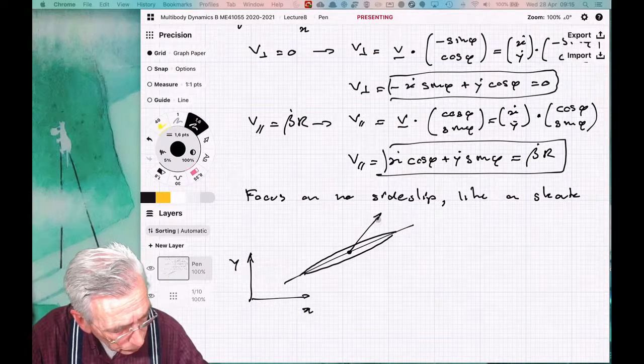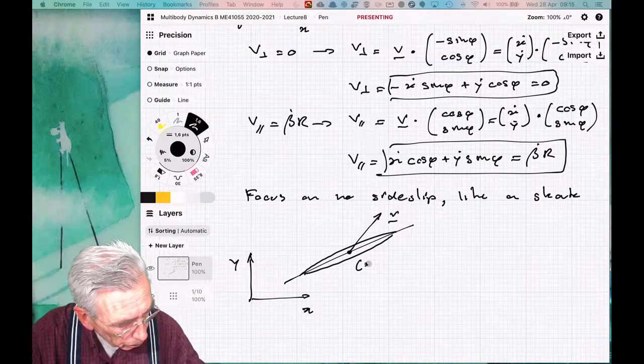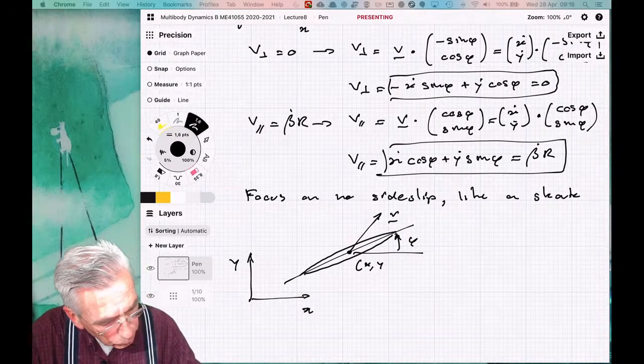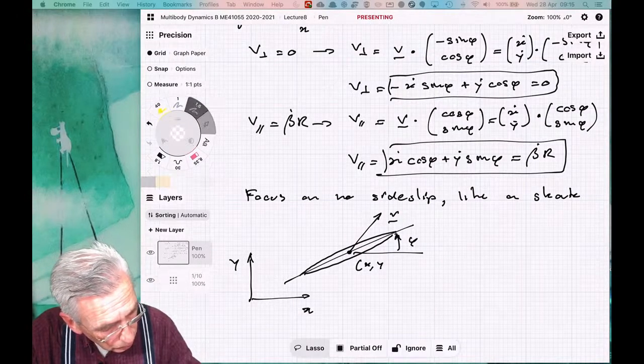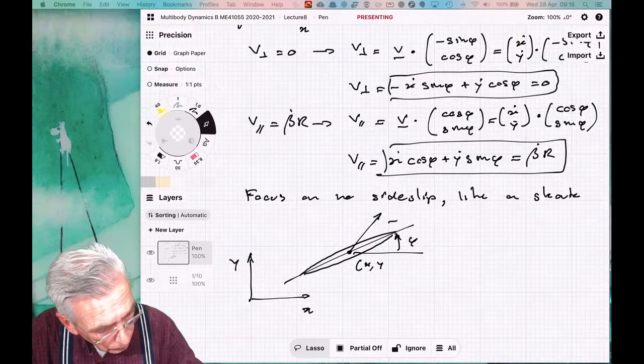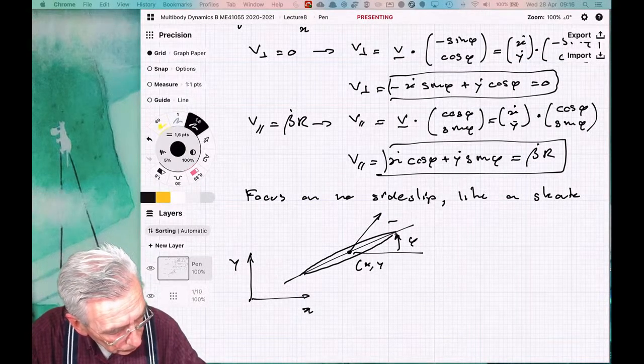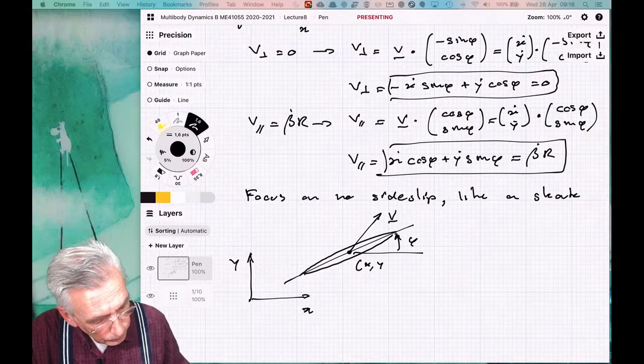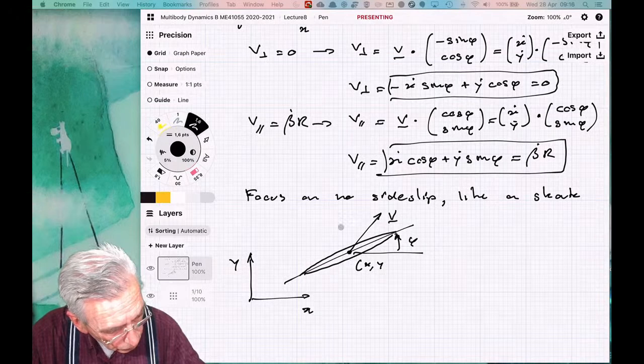Then we have this velocity vector here, of course. We have our position x and y, and we have our orientation of the skate phi. And of course we want this perpendicular velocity to be 0. Now this perpendicular velocity we will give a name.